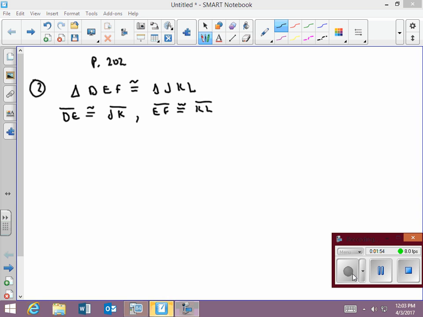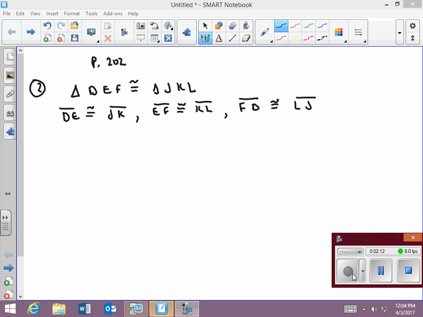EF would be congruent to KL, and then FD on the first triangle would be congruent to LJ.